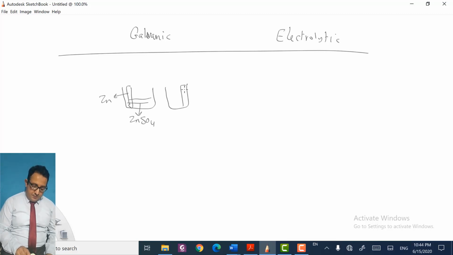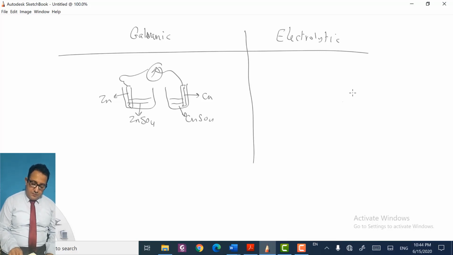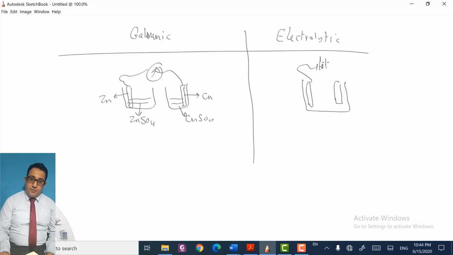We have a zinc in zinc sulfate, and a copper in copper sulfate, and a galvanometer for the measurement. Another one, the electrolytic cell, has two different electrodes connected to negative and positive.